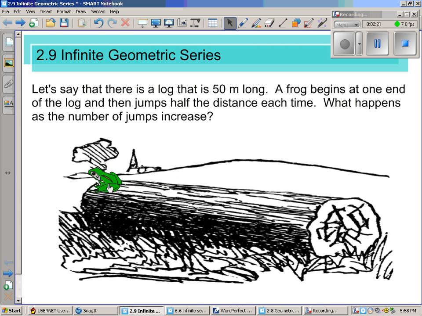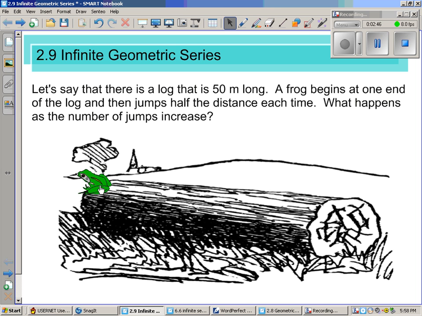They get smaller and smaller and smaller. In reality, what's happening is that the distance gets so small, it's infinitesimal. What does that mean? It's so small, it's negligible. It might as well be zero. That frog, as it's jumping half the distance each time, might as well be at the end of that log.